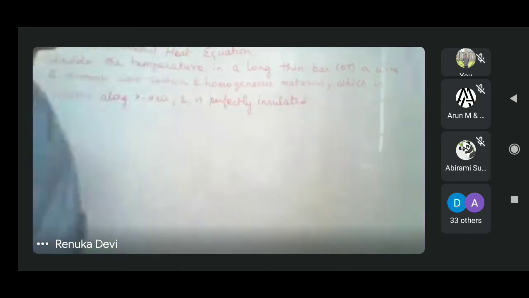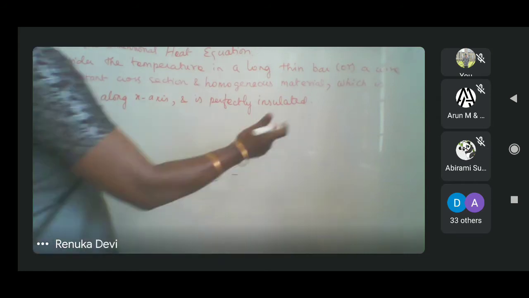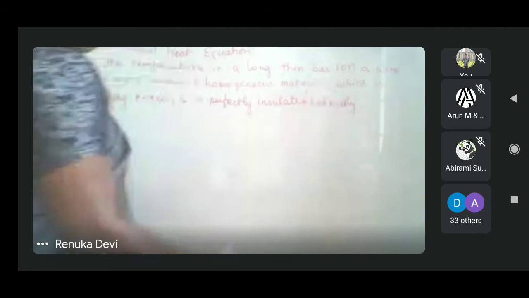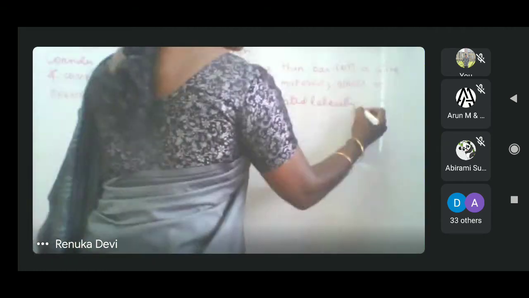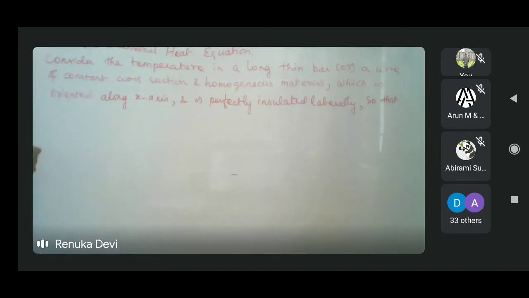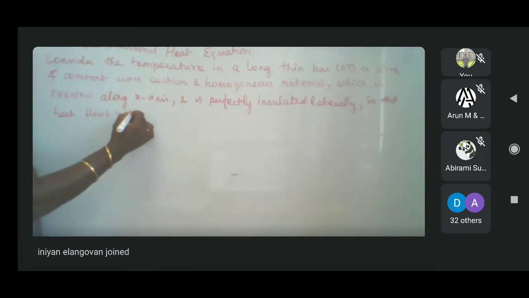Insulated laterally, so that heat flows in the x direction only.